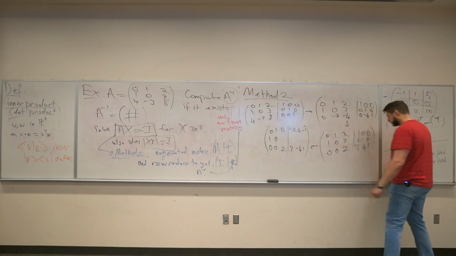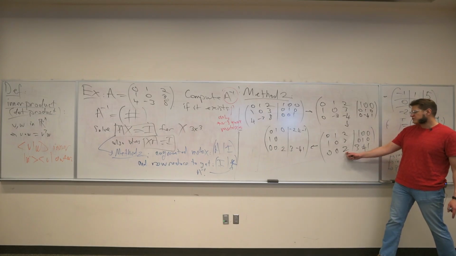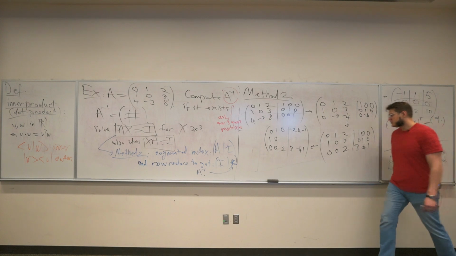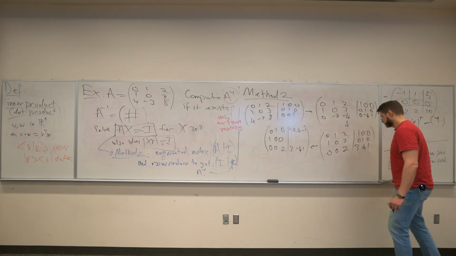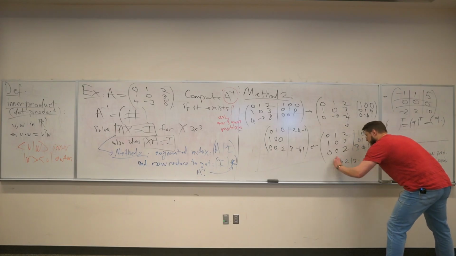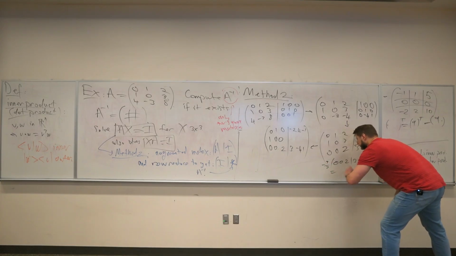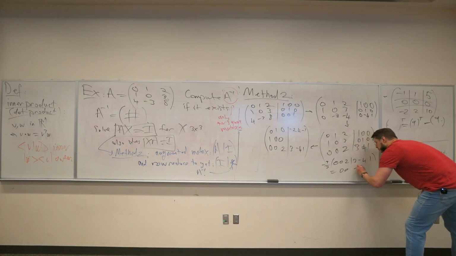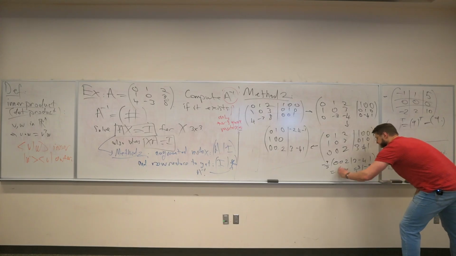What else can I do? Well, I'm going to multiply the third row by minus 3 over 2 and add it to this to get rid of this one. So let's do this on the side. Minus 3 over 2 is 0, 0, minus 3 over 4, bar, minus 9 over 4, 6, minus 3 over 2.